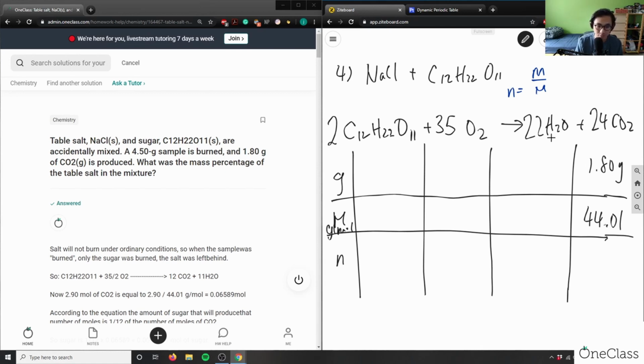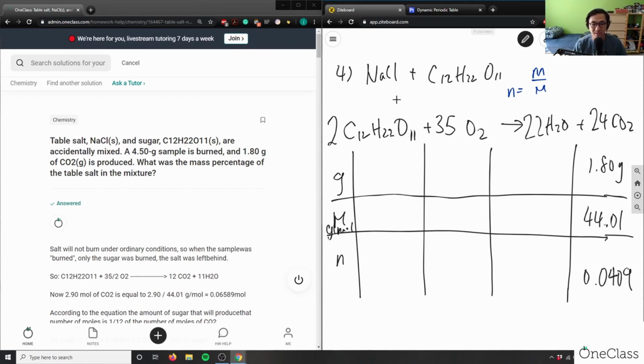So this here is 0.0409. That's fine. And then what we can do is use a mole to mole ratio to figure out how much sugar we have in the first place. That's how we find out the grams of sugar in the sample here.